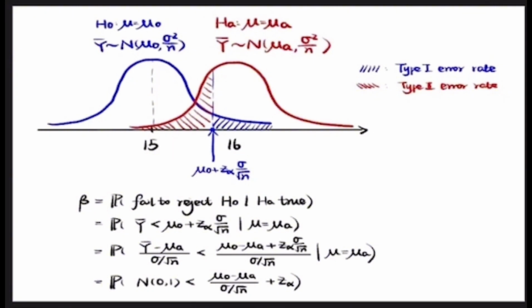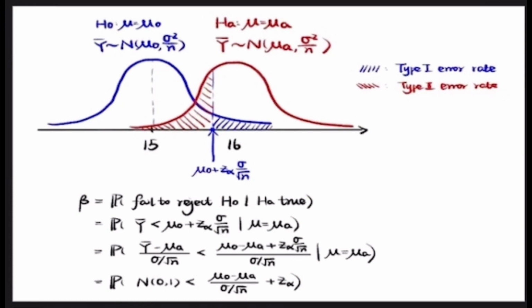What is the center of the other one? 16. Because we are testing between two hypotheses, mu equal to 15 and mu equal to 16. And of course, you can see the shaded parts, which indicate the type 1 error rate and the type 2 error rate. So take a look at all of that.